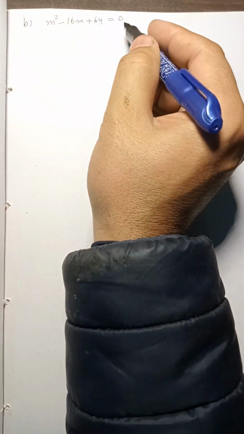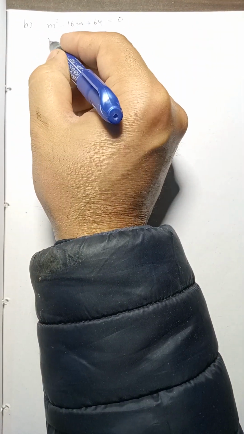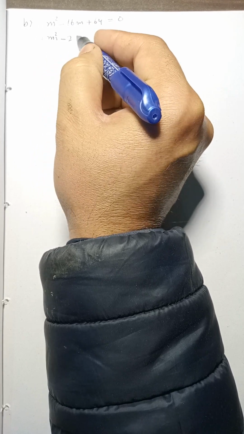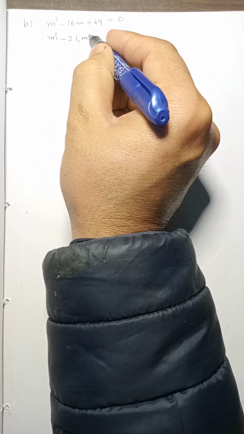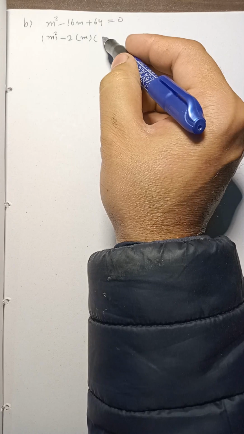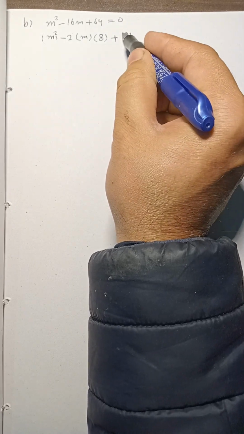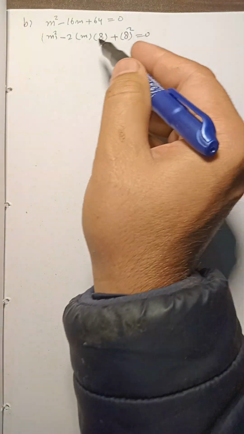See here, apply the identity again. M square minus 2, that identity, m here, and then 64, 8 eights are 64, 8 here, and plus 8 square is equal to 0.